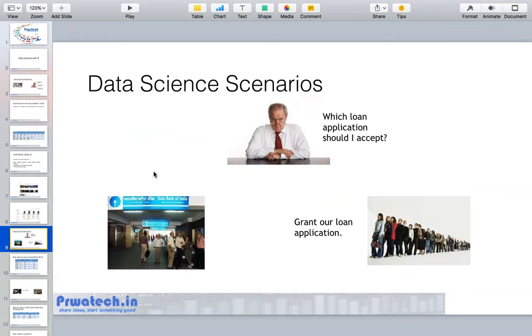Suppose again, consider a banking scenario. There are a number of customers requesting State Bank of India to grant their loan applications. So it is important for a manager to decide which parameters to set for granting a loan application.